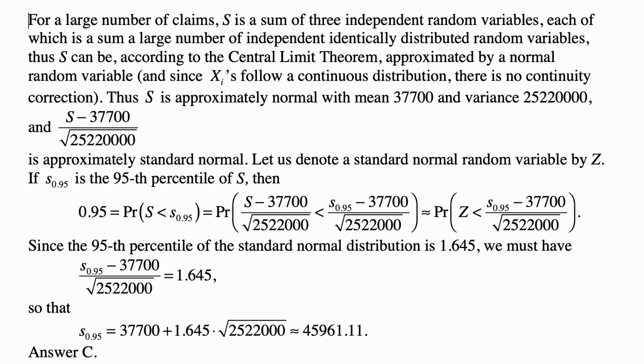Let us denote a standard normal random variable by Z. If S.95 is the 95th percentile of S, then 0.95 is the probability that S is less than S.95, which is the same as the probability that S minus its mean divided by its standard deviation is less than S.95 minus the mean divided by standard deviation.